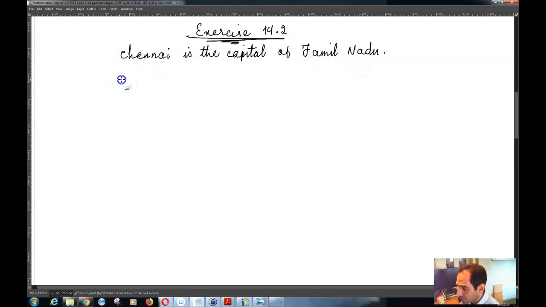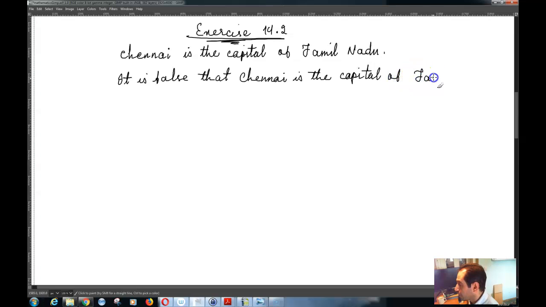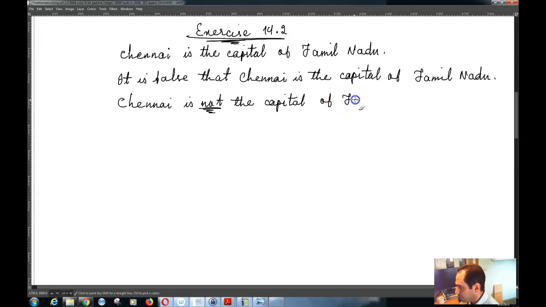So you can say, for example, it is false that Chennai is the capital of Tamil Nadu. And this statement can be written as Chennai is not the capital of Tamil Nadu.